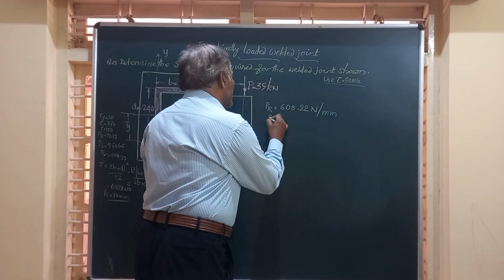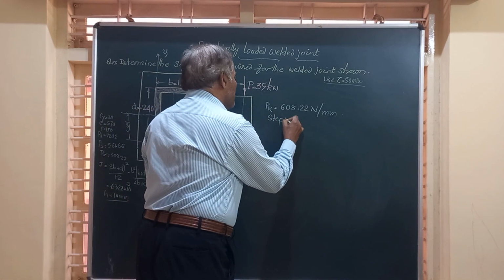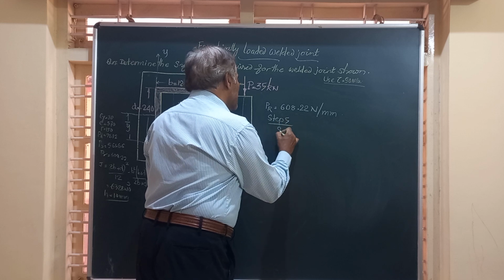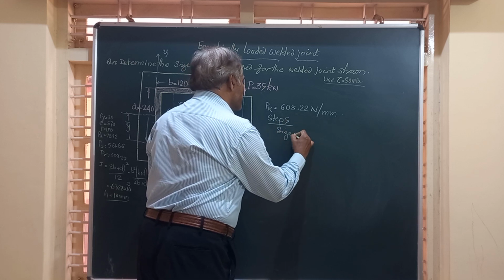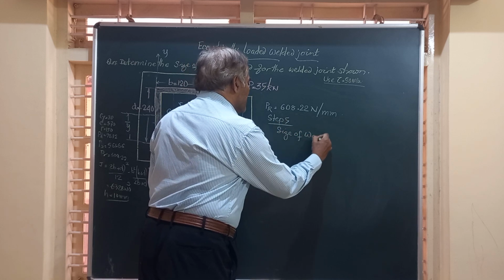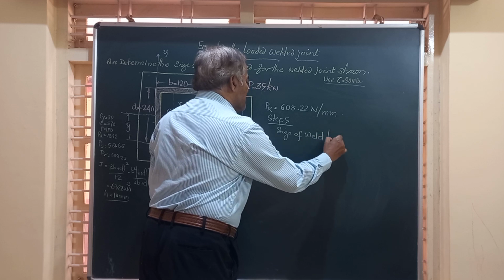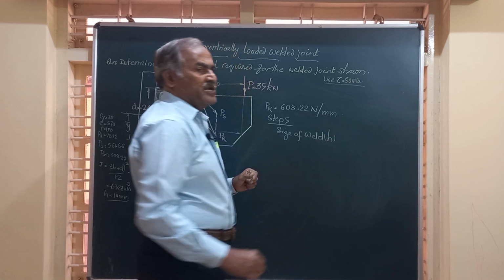So step number 5 and the last step is to find the size of weld, which is generally represented by H. So what do we do here, friends?